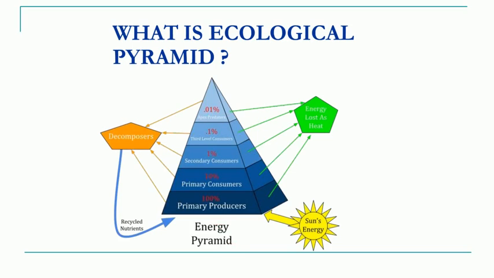Now this is an example of an energy pyramid where you can see the ultimate source of energy is the sun. At each level the energy is lost and some amount of energy is transferred to the next trophic level.